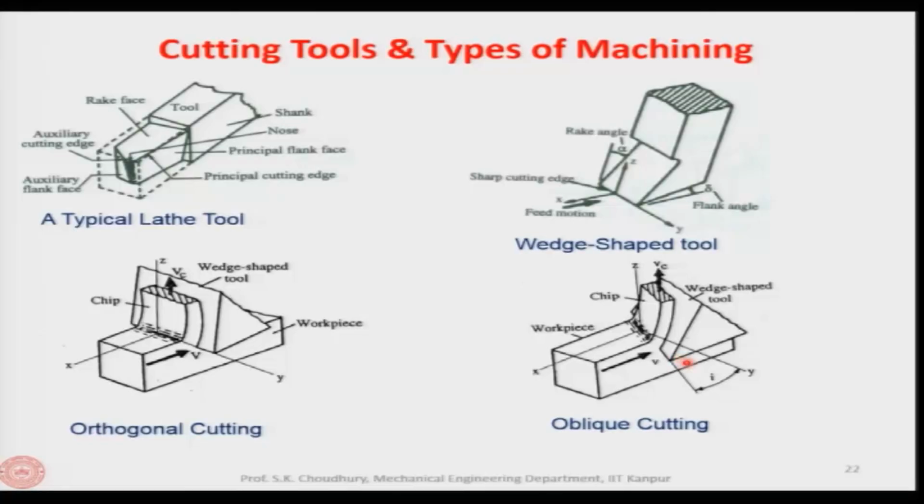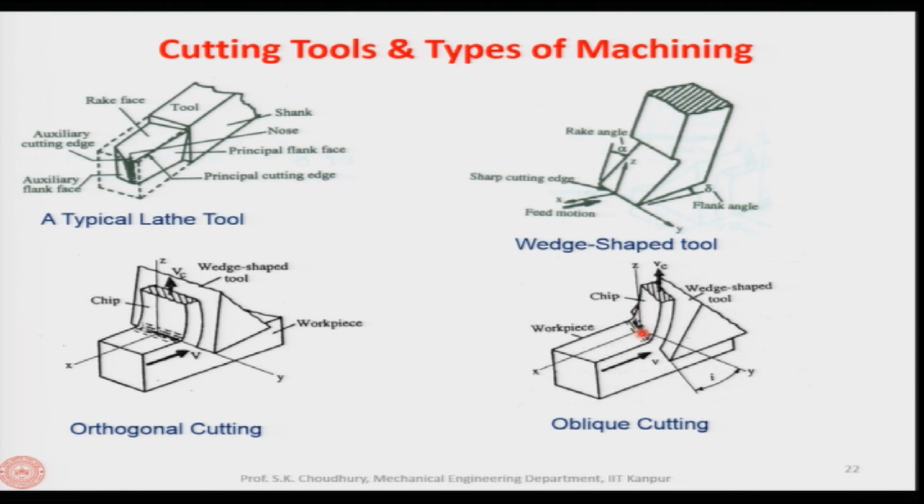Now, in the case of oblique cutting, there is an inclination angle, and this tool inclination is defined by the tool inclination angle, which is i, also sometimes called the angle of obliquity. Since the angle between the cutting edge and the cutting velocity vector is not 90 degrees, the chip will flow at an angle from the perpendicular to the cutting velocity vector, meaning it will not flow exactly along the z axis, but will be inclined to that.